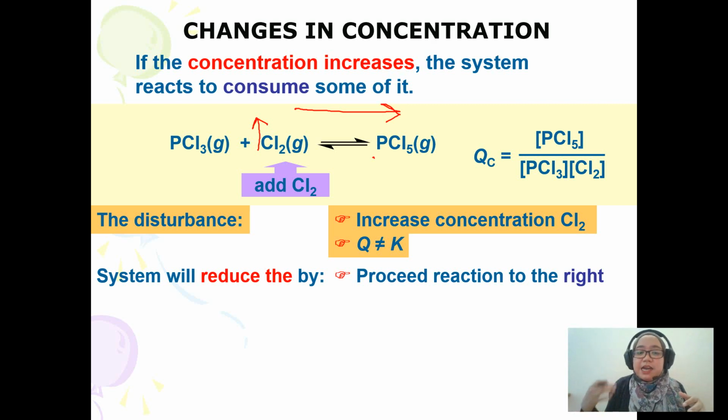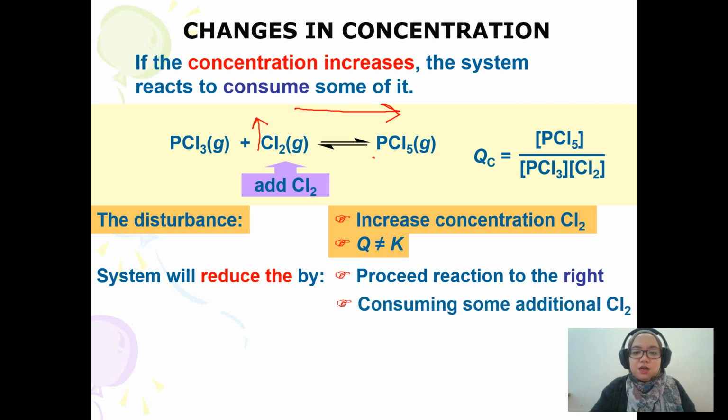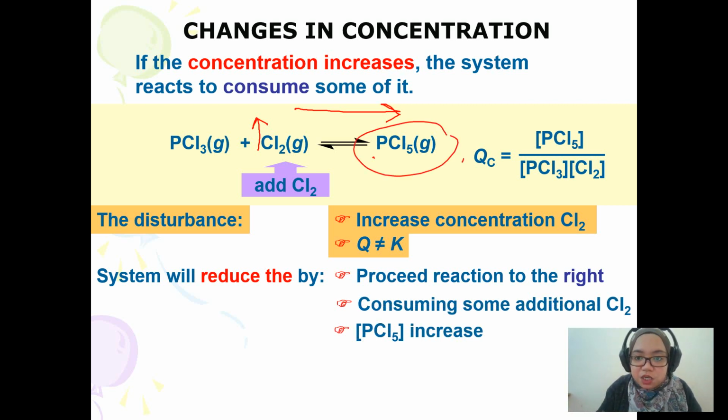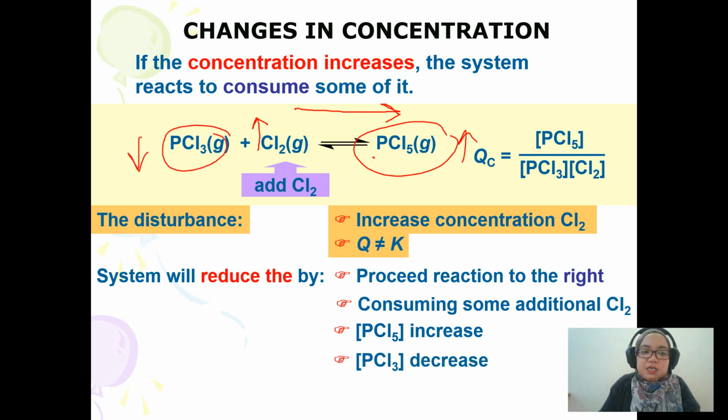So now the additional chlorine gas will be consumed by the reaction to form product. So the concentration of PCl5 will increase and the concentration of PCl3 will decrease. So senang cerita, the concentration of reactant will decrease, the concentration of product will increase here.